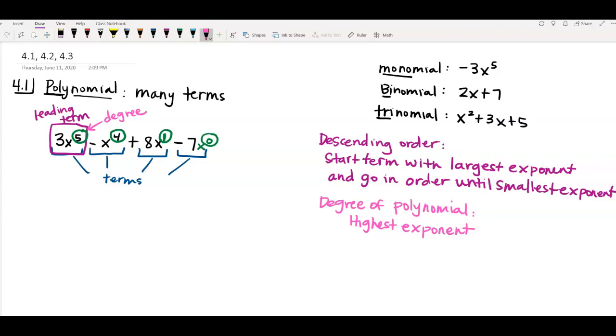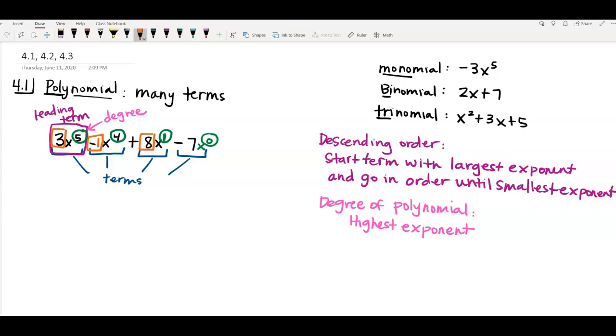Also, another thing to know here is that the numbers out in front of our variables are called coefficients. Now this one just says negative x, but remember there's an invisible 1 there. So the coefficient there is a negative 1.